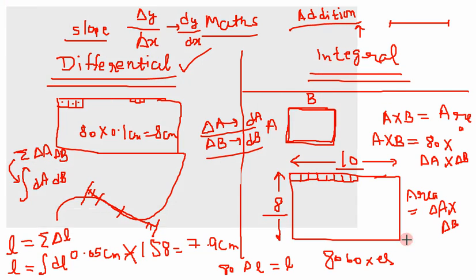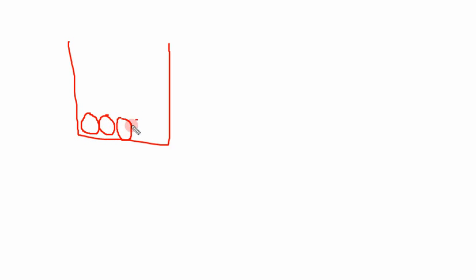So let me give you a very good example. Suppose we have a container, and we are putting balls into it. Each and every ball has some volume. If we try to measure the volume of this container with the help of these balls, even if we put 80 balls, the problem is that the balls are so big that there is a space here, there is a space here, there is a space here.